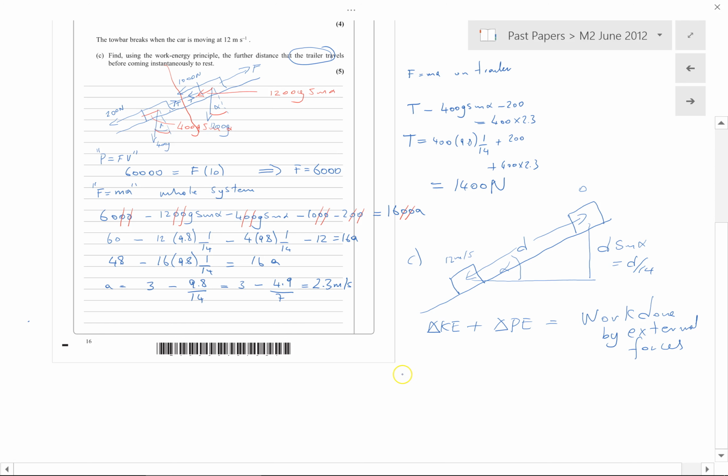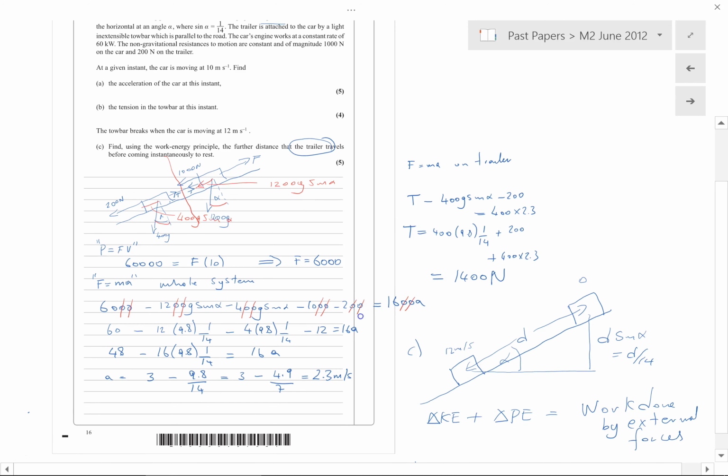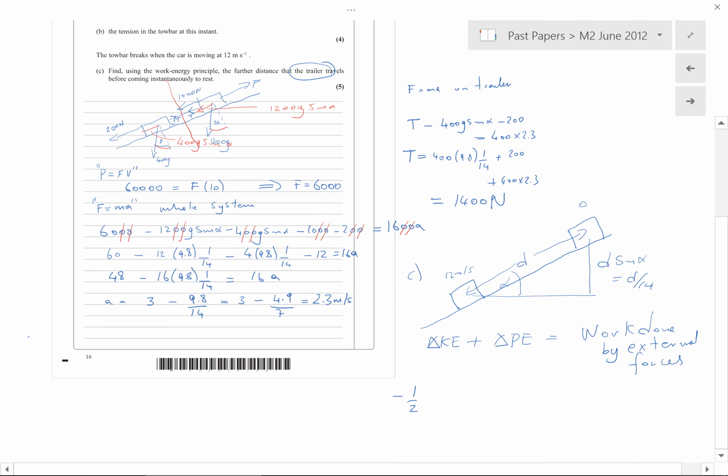So my delta KE is going to be a decrease in kinetic energy, isn't it? Because it's gone up the slope. So that's minus half times m, and the mass of the trailer, if we're looking back, is 400, times 12 squared, plus the increase in potential energy, which is m, which is 400, times 9.8 times 1 over 14 d.